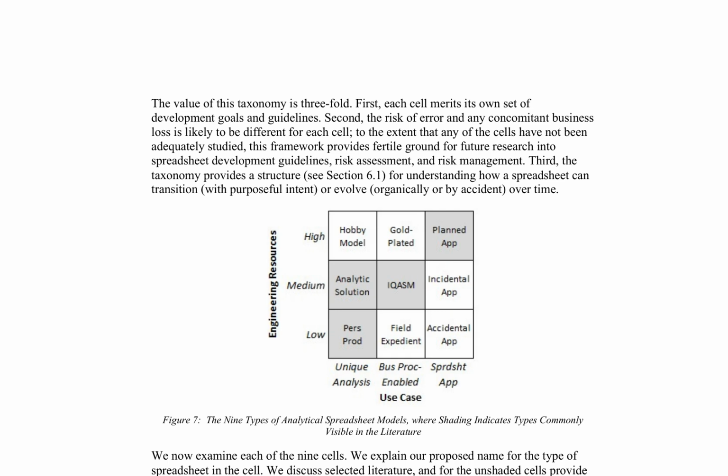The development of a taxonomy for spreadsheet development is crucial, particularly focusing on the business process-enabled use case. A prime example is the Industrial Quality Analytical Spreadsheet Model, IQASM, which excels in efficient analysis, readability, transferability, accuracy, reusability, and modifiability.